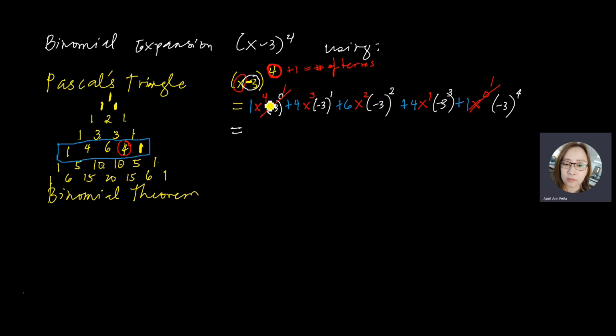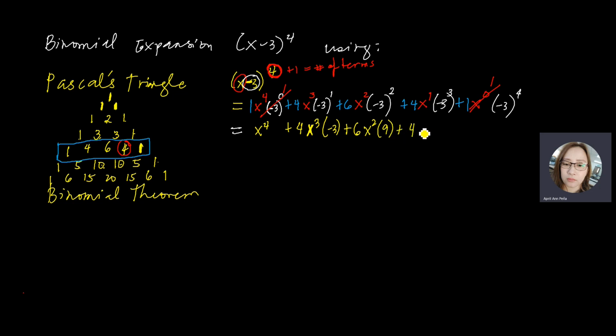So we do have 1 times x to the fourth is x to the fourth times 1, so still x to the fourth. Plus 4, we do have your x cubed. So -3 raised to 1 is -3. Then we do have 6 x squared. -3 raised to 2, so -3 times -3 is positive 9.